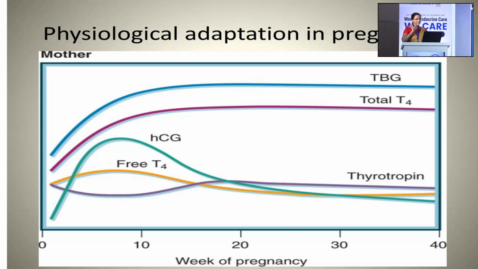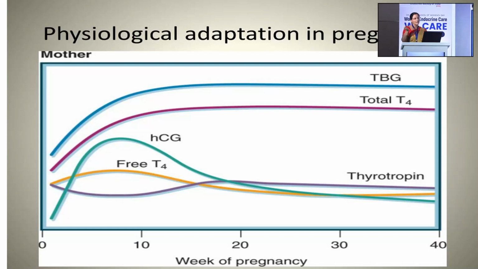Now look at TBG. Because of the hyperestrogenic state, there is a rise in TBG, which can increase the total T3 and T4 levels. So around 10 to 16 weeks of gestation, total T3 and T4 are increased and TSH is suppressed, giving a clinical picture of biochemical thyrotoxicosis.